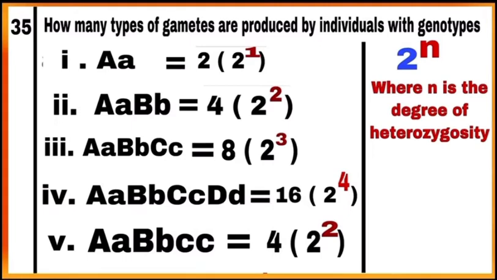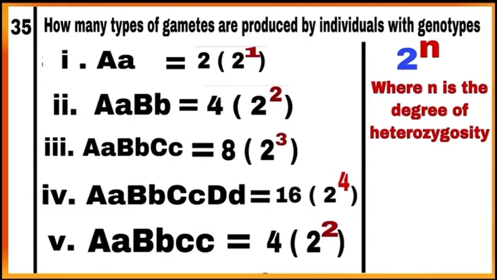Now see the case number 2. Capital A, small a, capital B, small b. Here value of n is 2. As you can see, heterozygosity in alleles of 2 genes. So number of types of gametes formed will be 2 to the power 2, which is equal to 4.